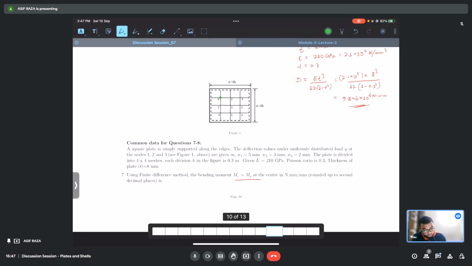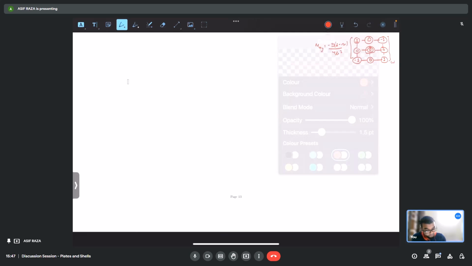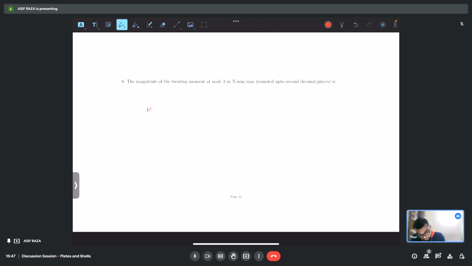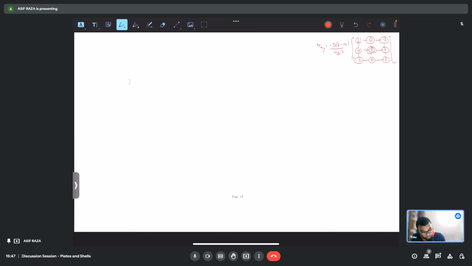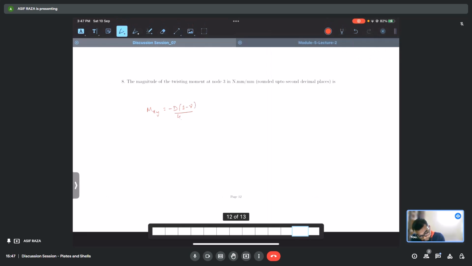We know for Mxy it is this: minus 2 into 1 minus nu upon 4h square, with the matrix 1, 0, minus 1, 0, minus 1, 0.